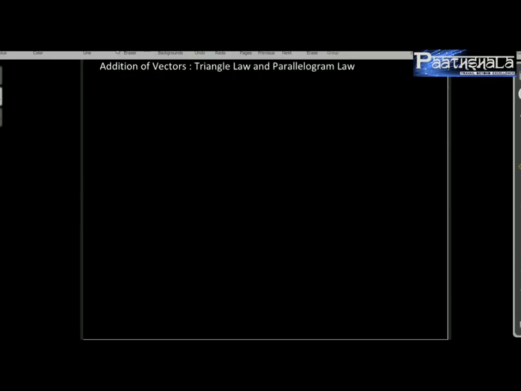Let us look at how vectors are added and subtracted now. Subtraction of vectors is nothing but addition of vectors after reversing the second vector. We'll see how it is done. There are two methods to do addition and subtraction: the triangle law and the parallelogram law of vector addition and subtraction. Let us say we have two vectors, vector A and vector B. We are looking at the parallelogram law of vector addition first.